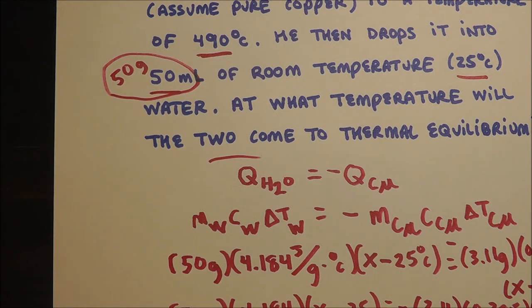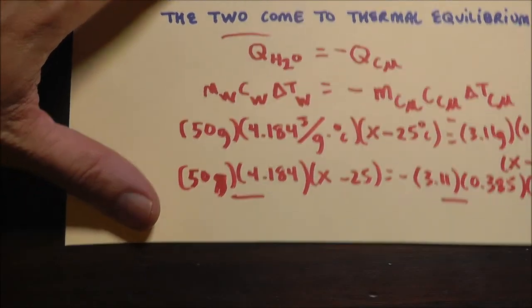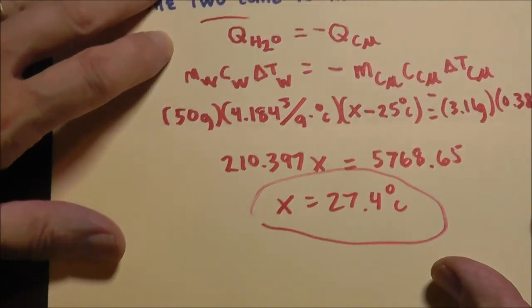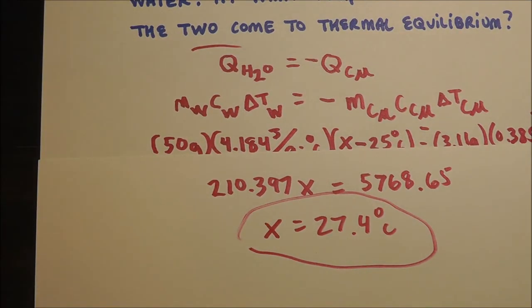Naturally, water has a higher heat capacity than does copper, more than 10 times. And so the fact is, yes, my final temperature was in between 25 and 490, way closer to the 25 though than the 490. And I know, go crank it through again if you have any doubt.